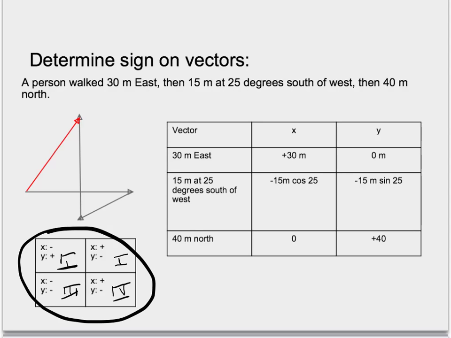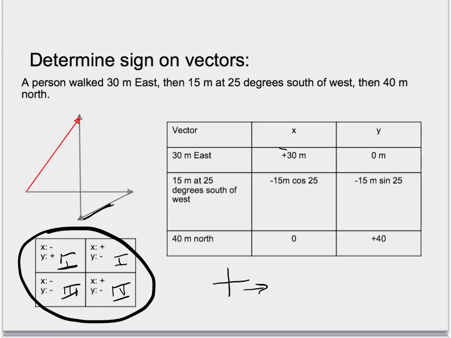So using that, since our vector is going east, it's in the positive x direction, so we gave it a positive sign. And y doesn't have to be positive or negative because it's 0. This second one is south and west.